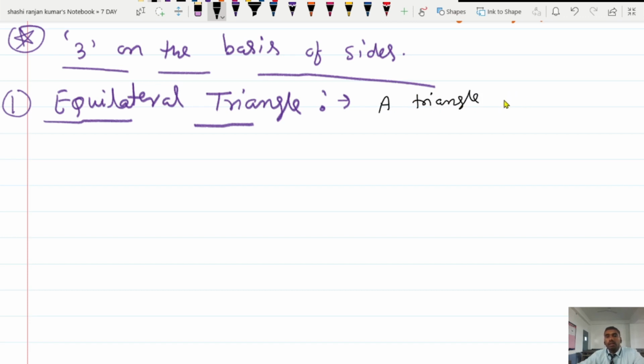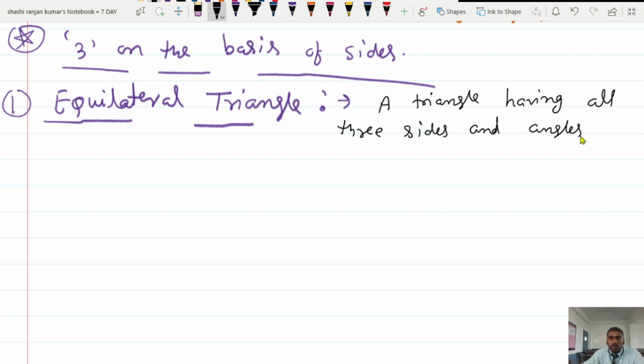Yeah, the triangle having all 3 sides and angles equal is known as an equilateral triangle.